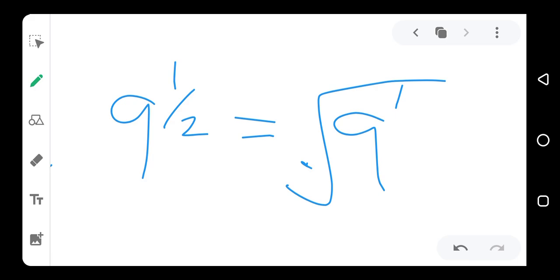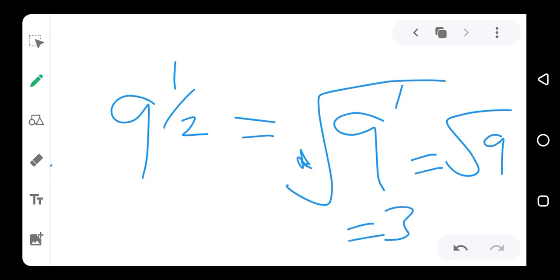We leave it as square roots. So this is equal to root 9. Root 9 is equal to 3. So the answer is 3.